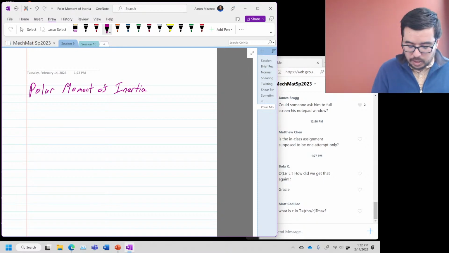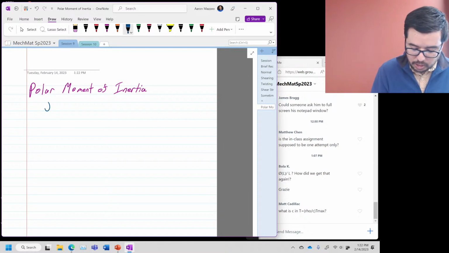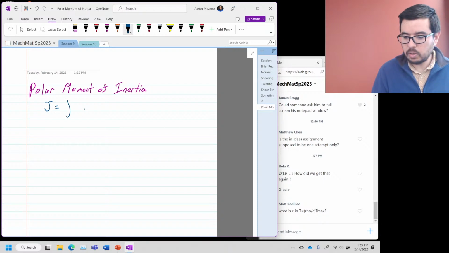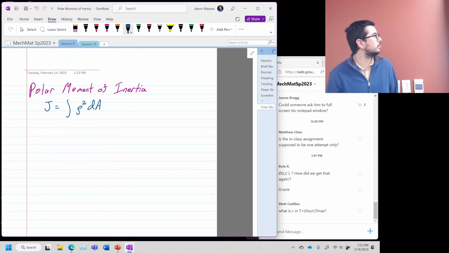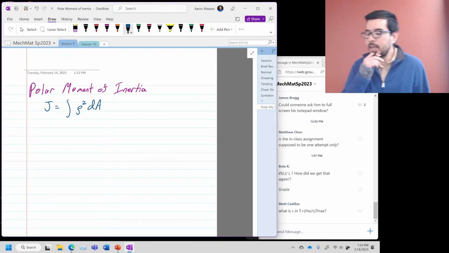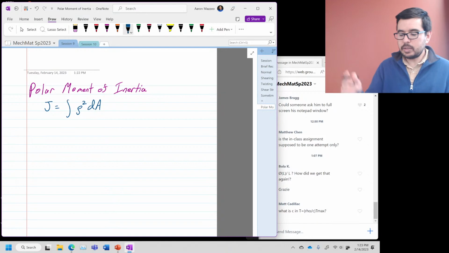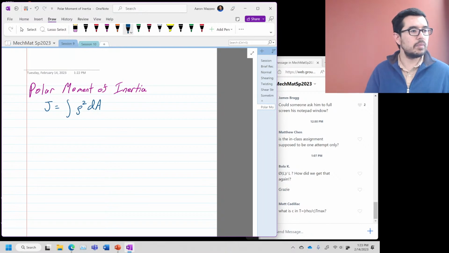So as a refresher, we just wrote out that J is equal to the integral of rho squared dA. And rho, as we just discussed, is the distance away from the center line, right?